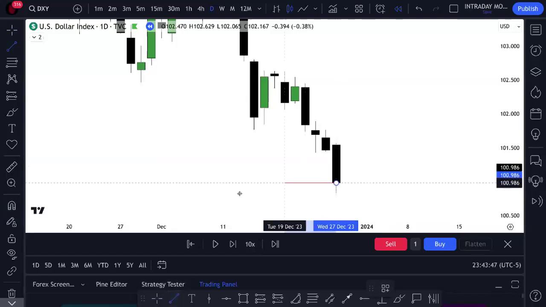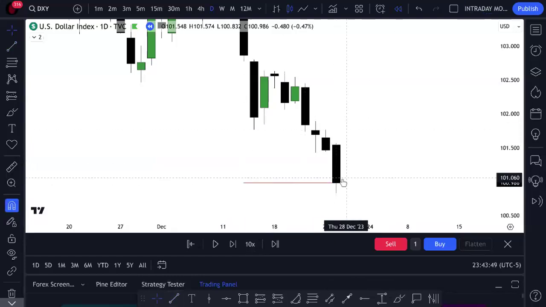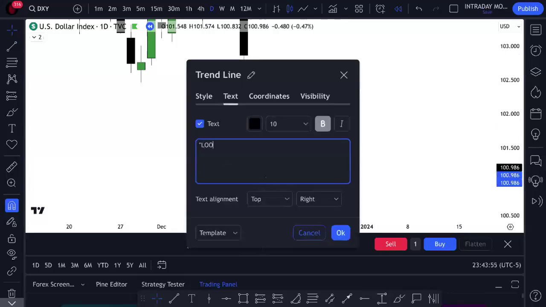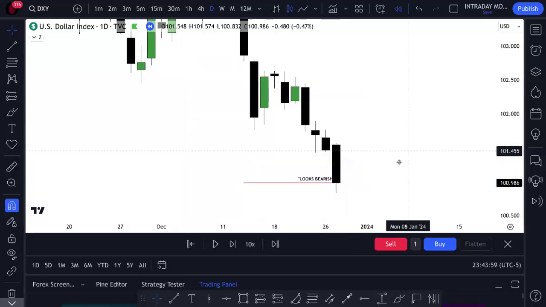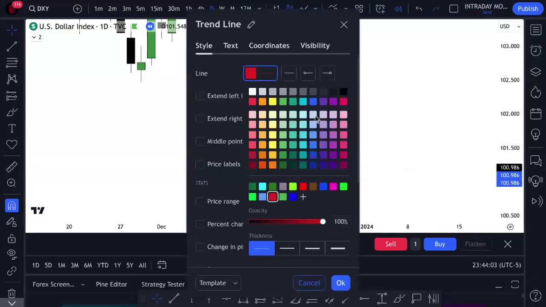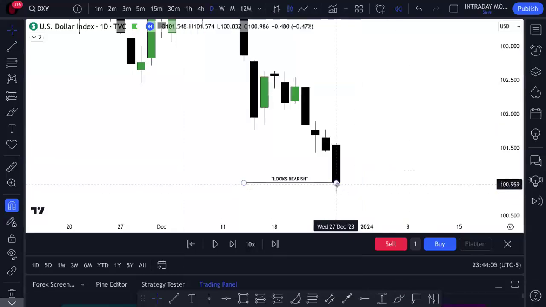To a retail trader, this candle in itself and how it's forming here, it very much looks bearish. Just the close. We're not looking at the low or the wicks.